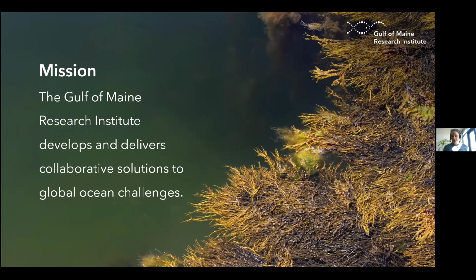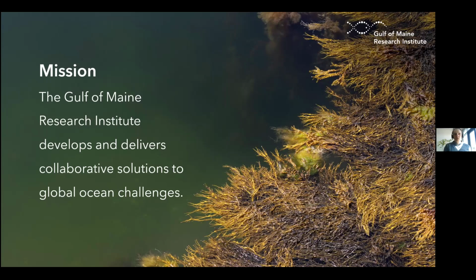We have a research division, with research labs that function kind of like academic labs. We have physical sciences, ecology, biology, coastal and marine economics, learning sciences, and we do research that tends to be regionally focused but globally relevant.